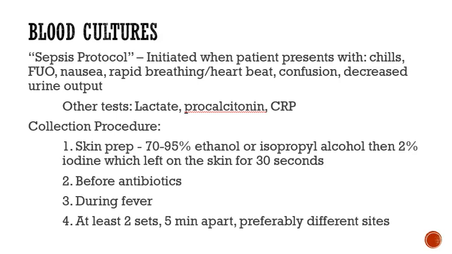Okay, so a lot of hospitals now have what they call a sepsis protocol. This is where if you have a patient that presents to the ER with a specific set of symptoms, then that means certain testing would be initiated. So some of the symptoms of sepsis include chills and fever of unknown origin, and that's what FUO stands for.